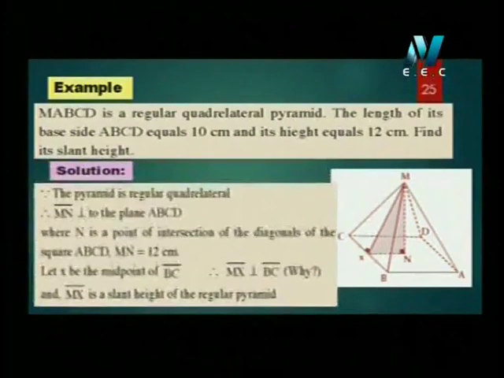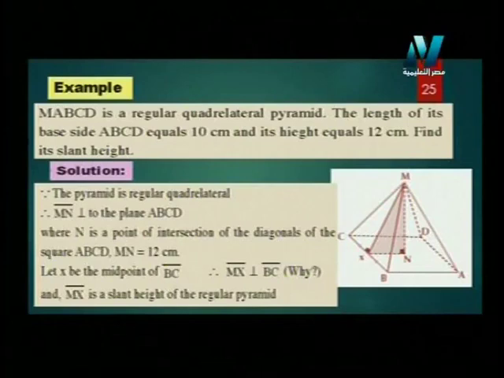Solution: the pyramid is a regular quadrilateral, so MN is perpendicular to the plane ABCD, where N is the point of intersection of the diagonals of the square ABCD, so MN equals 12 centimeters. Let X be the midpoint of BC. MX will be perpendicular to BC. Why is it perpendicular?